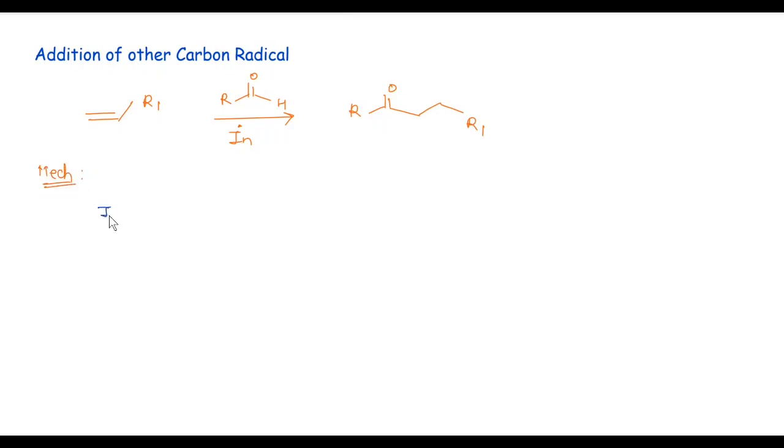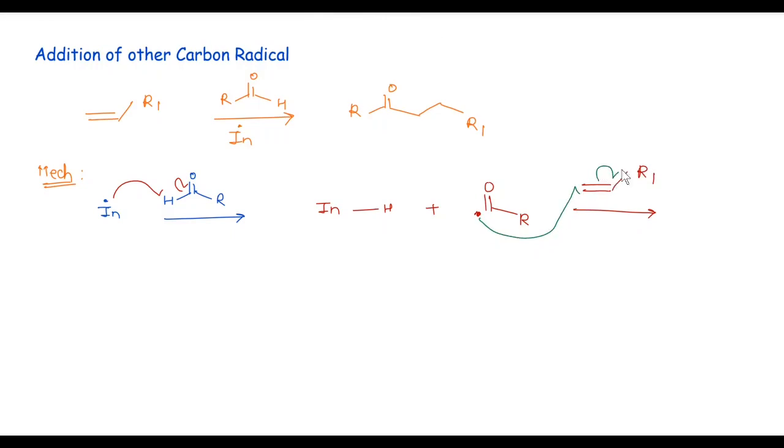In the first step, the initiator abstracts this formyl hydrogen radical and an acyl radical is formed. In the next step, this acyl radical attacks the less substituted carbon atom and we get this new radical.